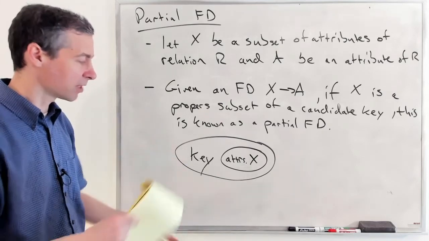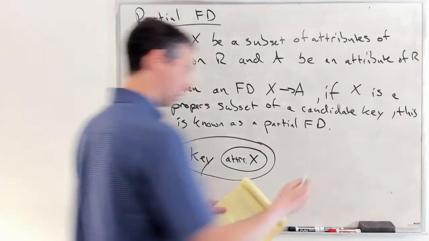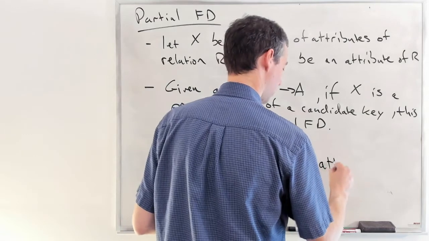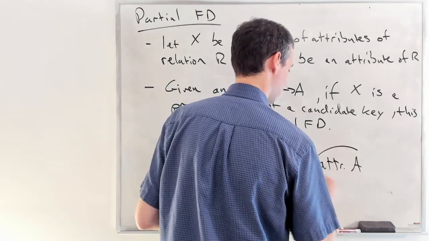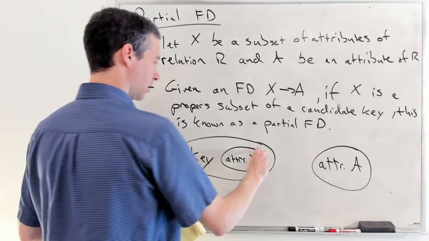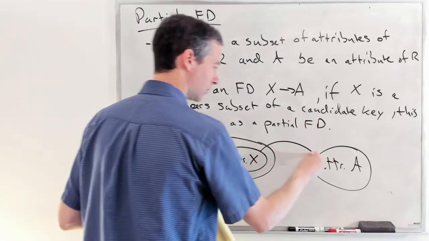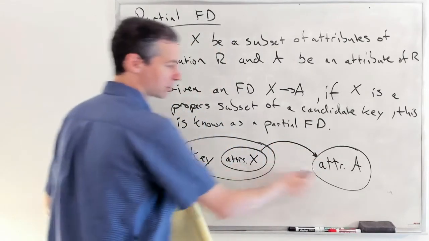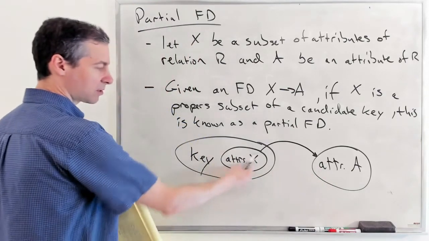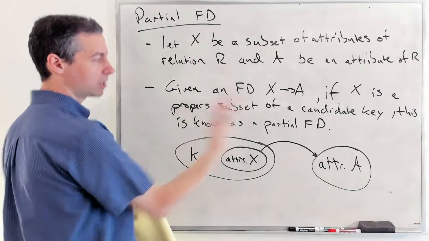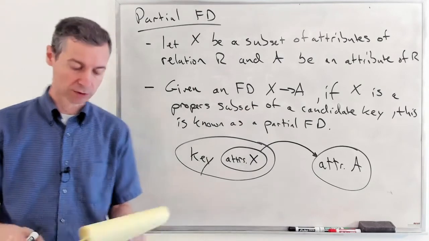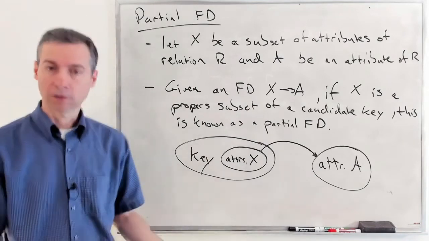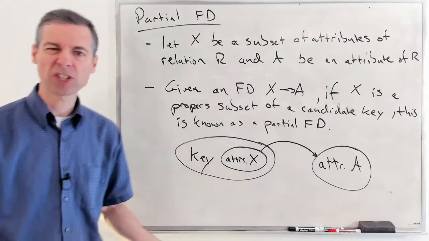Anyway, let's draw our dependency. We've got attribute A over here, and this determines that. So these attributes here determine attribute A. Because it's a proper subset of the candidate key, we call it a partial functional dependency. These are just definitions.